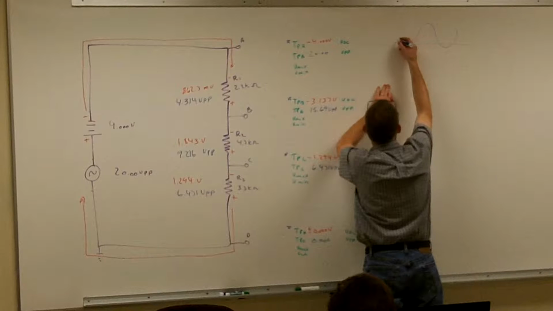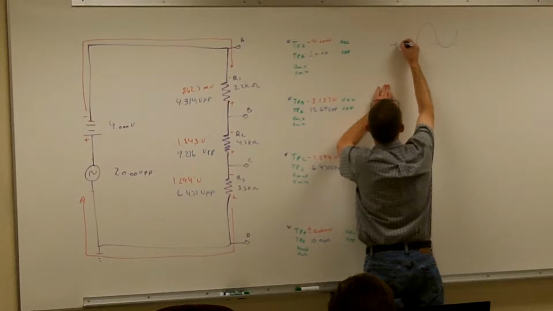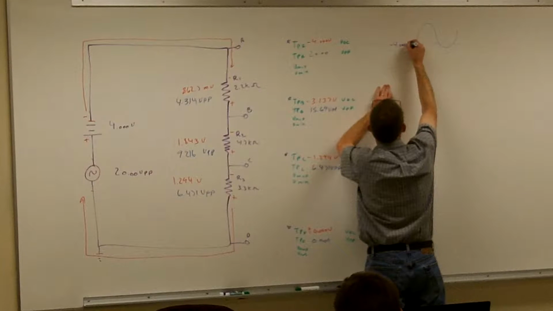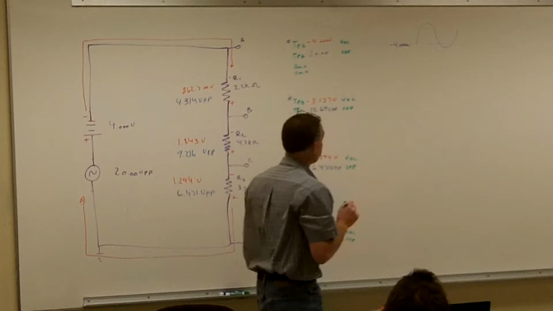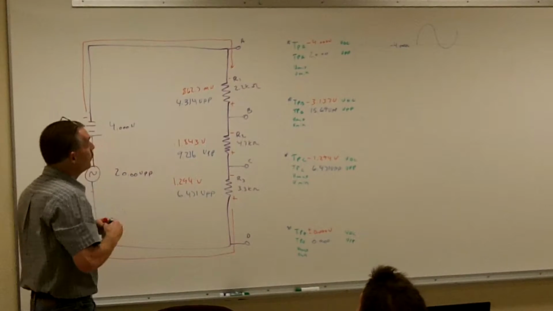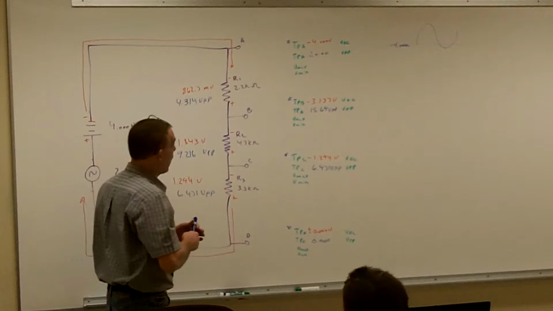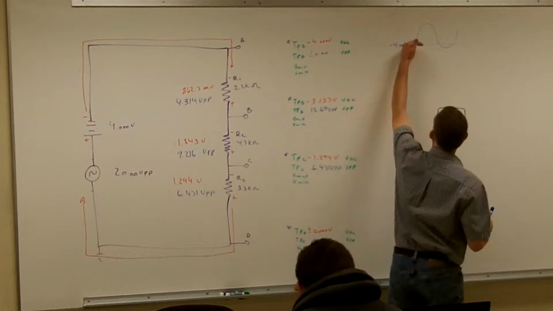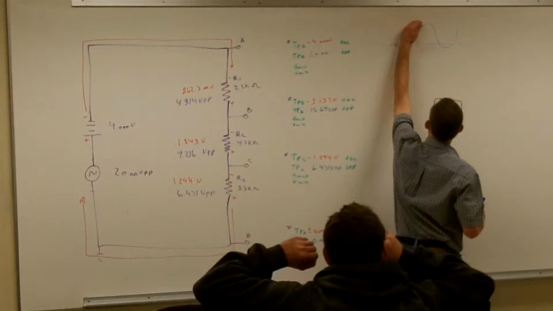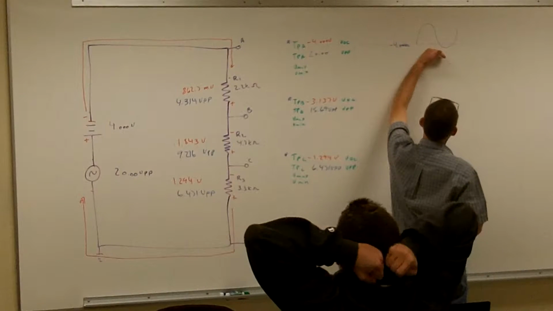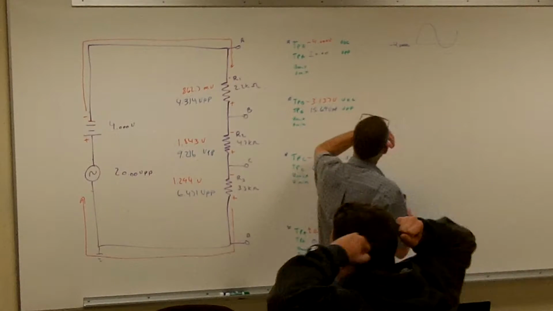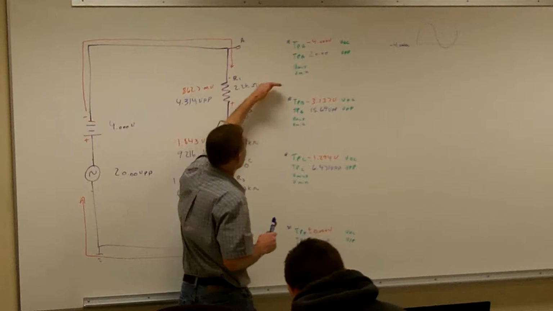My DC reference now is going to be at -4 volts DC. So that means I'm going to have 10 volts above it and then 10 volts below it. And that's how we're going to calculate out what our Vmax and our Vmin is.